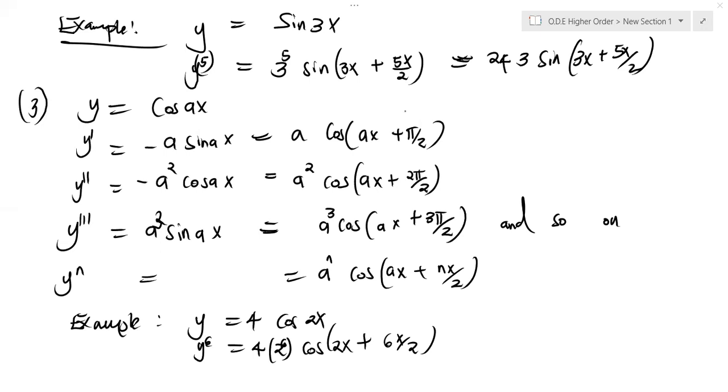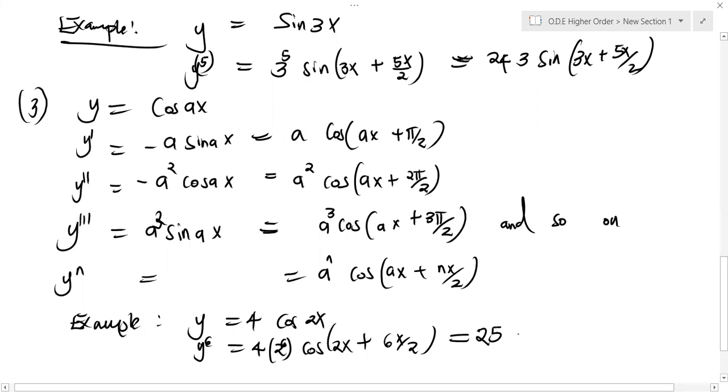Okay, so this simply becomes 256 cos of 2x plus 3 pi.